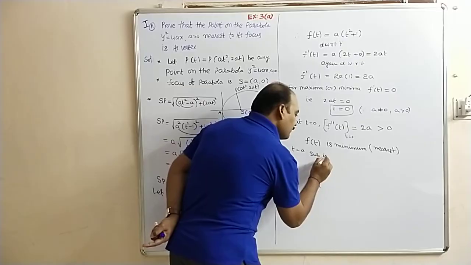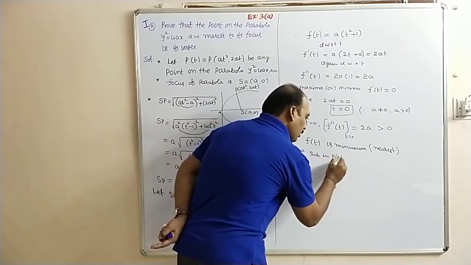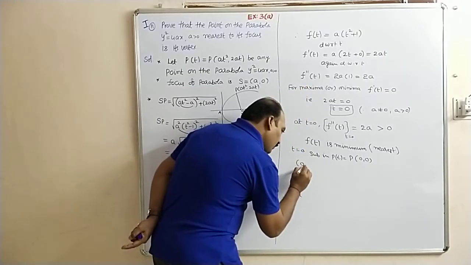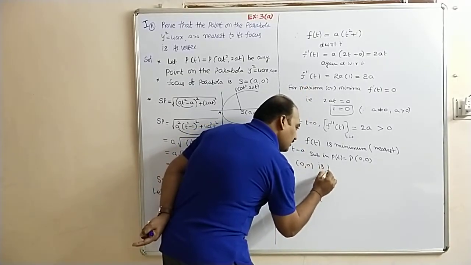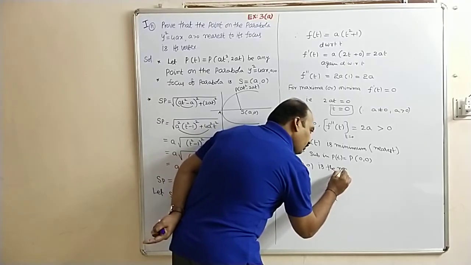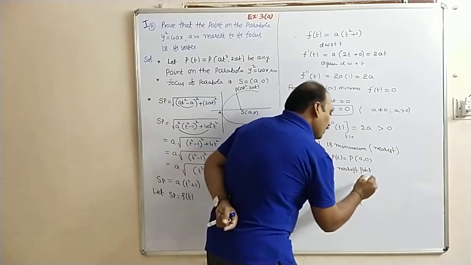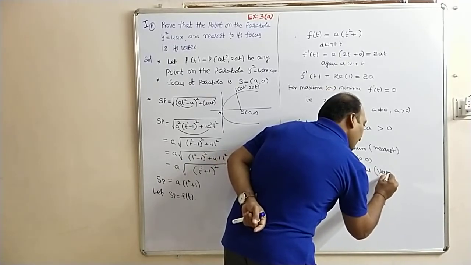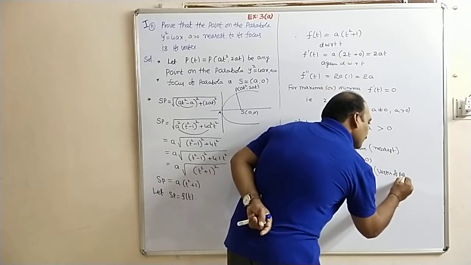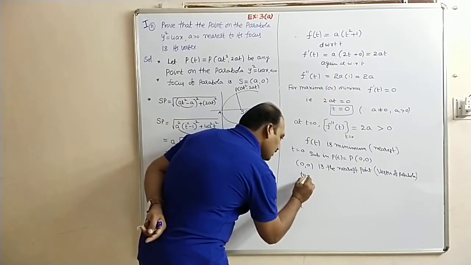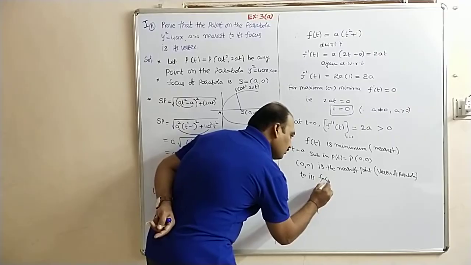Substitute in p. So 0 comma 0 is the nearest point. That means it is a vertex, vertex of the parabola, the point nearest to its focus.